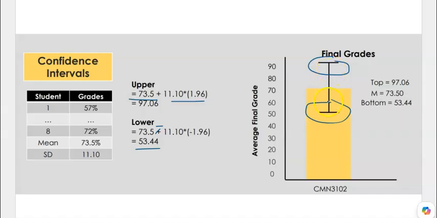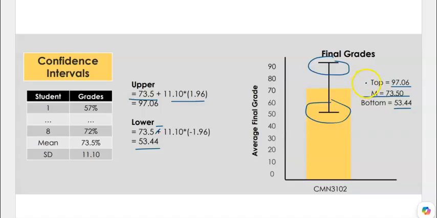So this is the error bar in this case, for the confidence intervals. This means it's much larger. Even though you have the mean here, the top and the bottom are the error area.